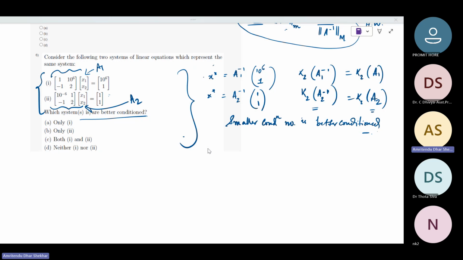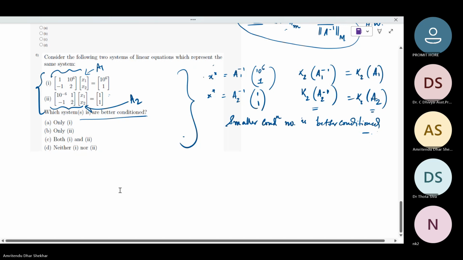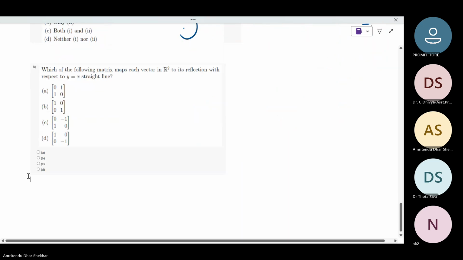Let's proceed. Which of the following matrices maps each vector in R2 to its reflection with respect to y equals x?